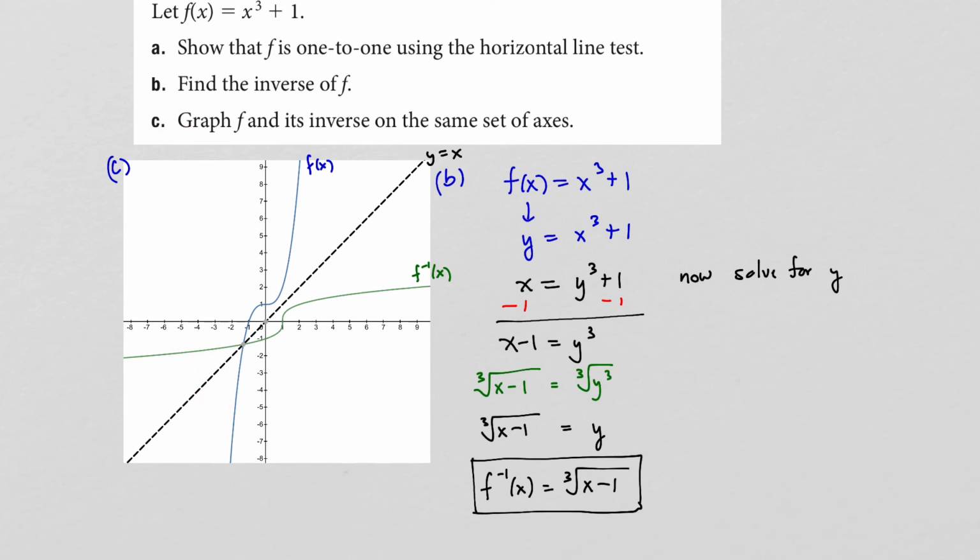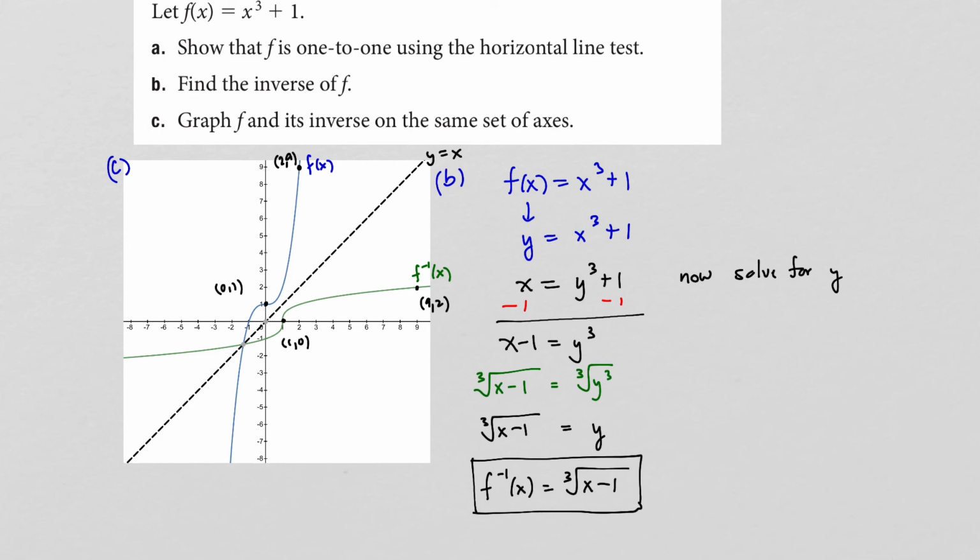So for example, notice that the function passes through the point (0, 1), and the inverse function passes through the point (1, 0). Another point to notice is the point (2, 9) is on the original function, while the point (9, 2) is on the inverse function.